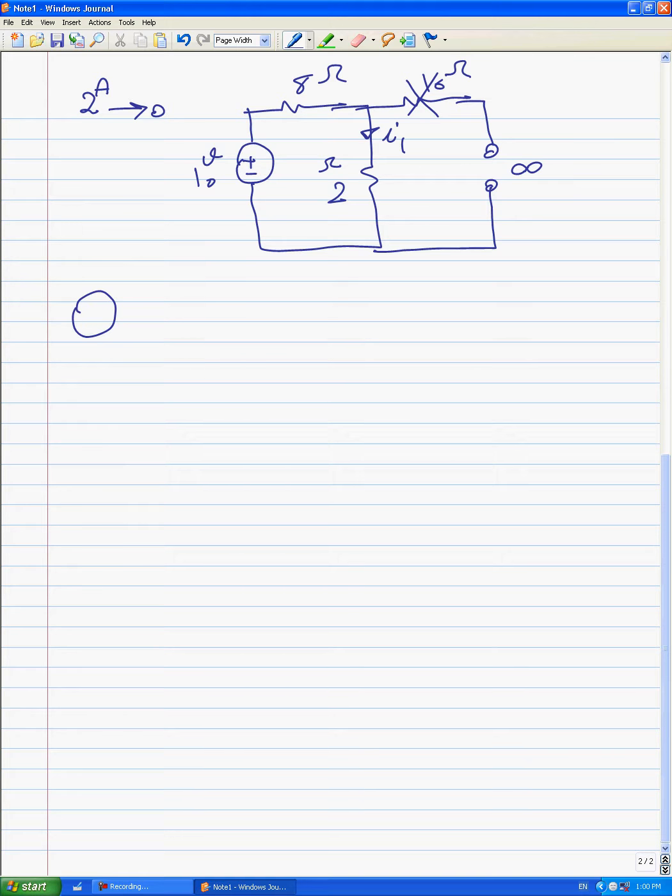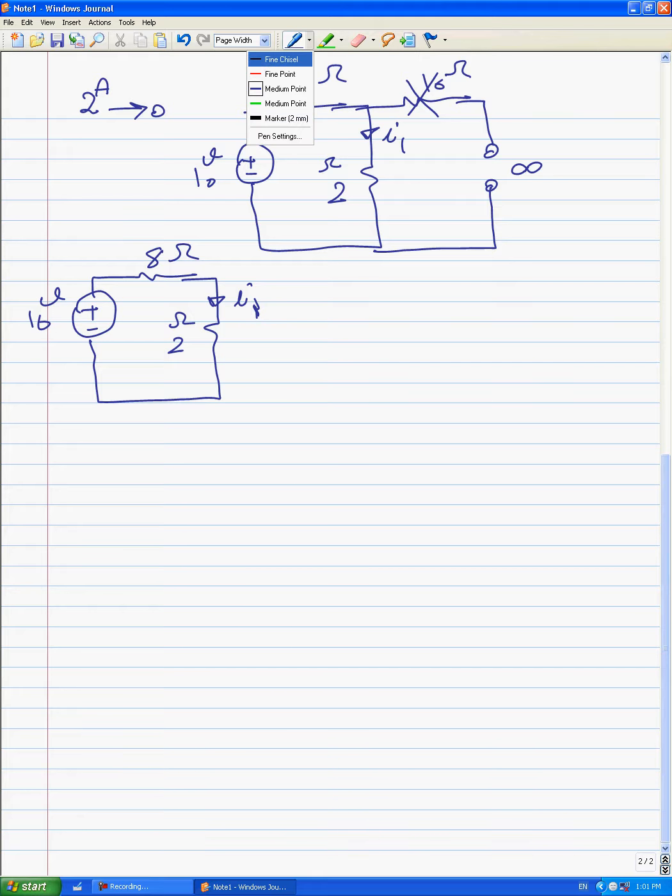The circuit should be simplified like this, and we want to find this current. Immediately, using Ohm's law, we can say I1 is equal to 10 over 8 plus 2, which is 10 over 10, and is equal to 1 amp. This is the final answer for the first part of superposition technique.